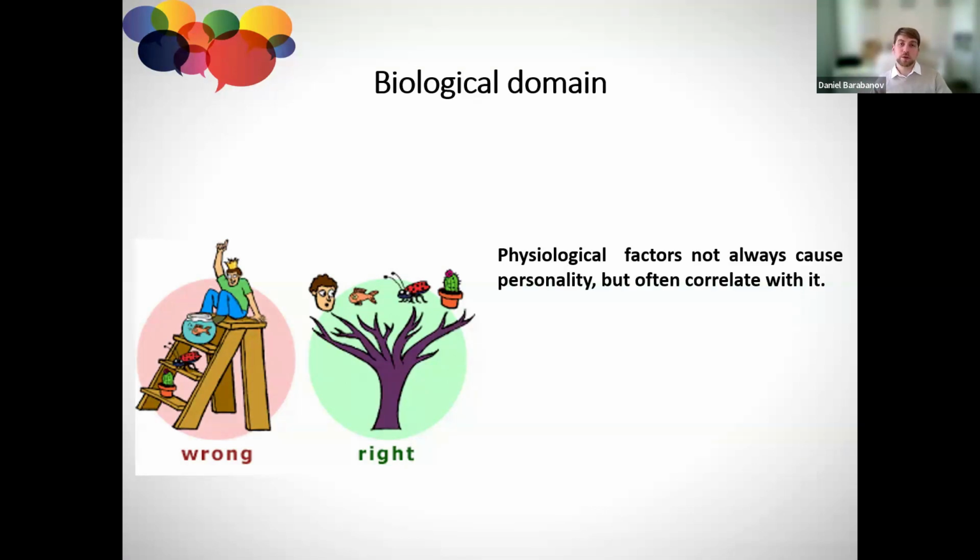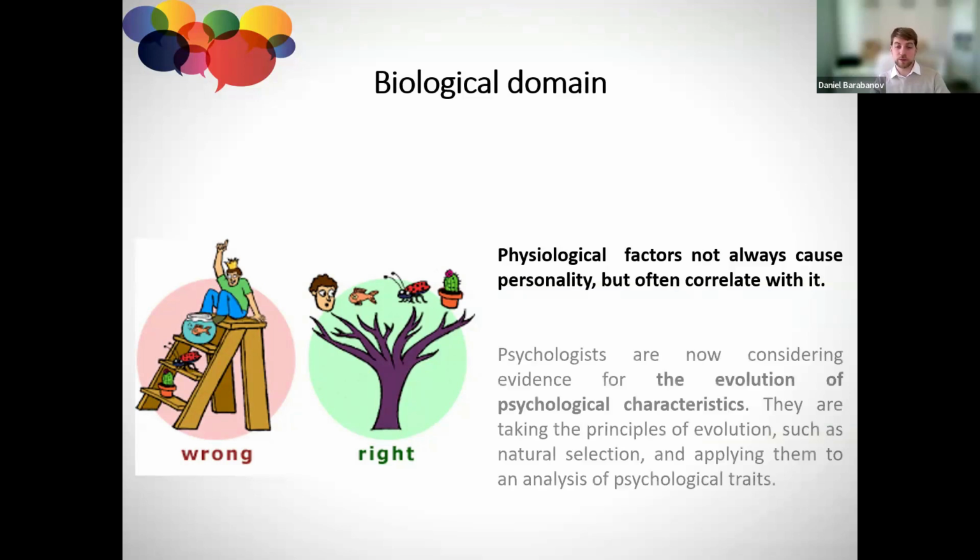For example, on the internal mental level, you feel aggressive toward a certain person, but we also can describe it not in terms of your internal emotions and external behaviors, but also in terms of your physiological reactions, which coincide in time and correlate with your internal feelings, and genetical predispositions to being more or less aggressive toward different people. So this is the idea of biological domains, that we do not always find a cause of personality differences, but we always can describe what correlates with the personality differences.